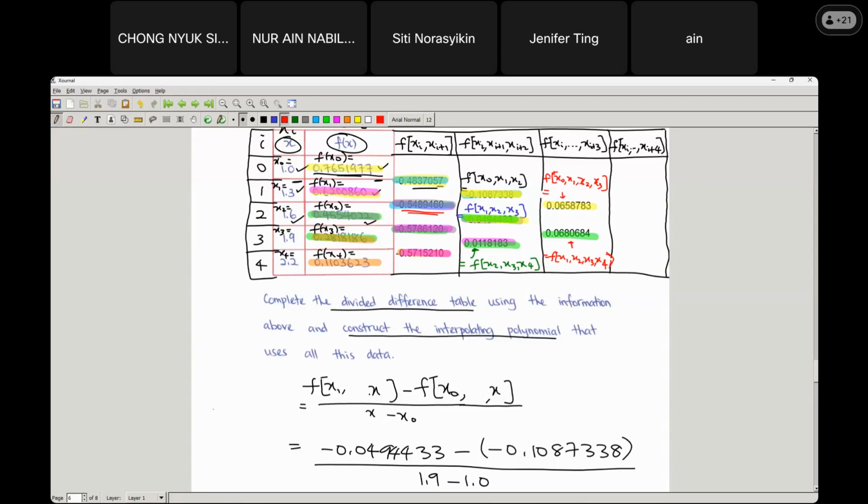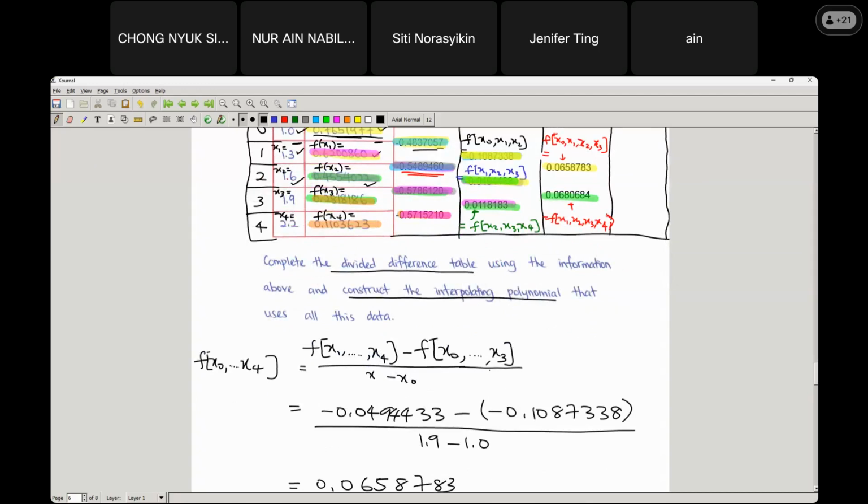The last one that we're going to have will be f[x0, ..., x4]. So you take f[x1, 2, 3 ... until the last one], this is 4, minus f[x0, x1 ... until the last one], this is until 3. Then we take the big number and the small. This is the largest x, this is the smaller. So we take x4 minus x0.